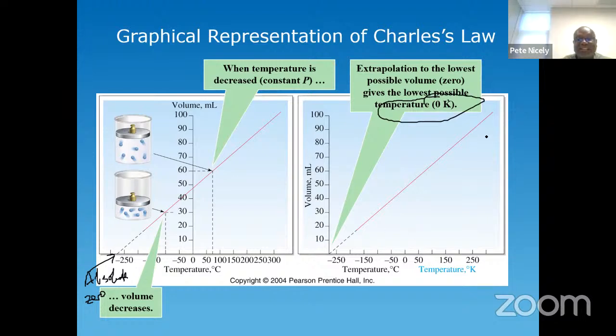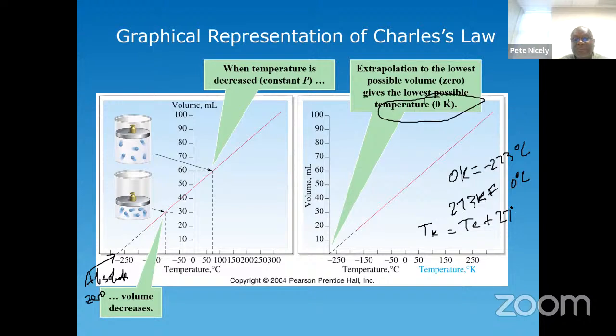So as a result of that, 0 Kelvin has been set to be equal to minus 273 degrees Celsius, which means that 273 Kelvin would be equal to 0 degrees Celsius. So in other words, the relationship between the Celsius and the Kelvin unit would be that the temperature in Kelvin is equal to the temperature in Celsius plus 273 Kelvin, all right?